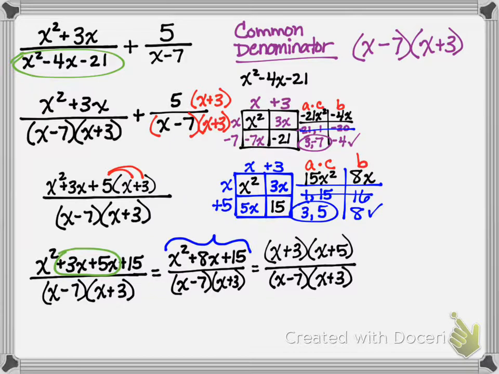And if you guys are paying attention here at this point, then you should see that I have an x plus 3 in my denominator, and I also have an x plus 3 in my numerator. And so this is going to reduce. The x plus 3 and x plus 3 are going to cancel out, and my final fully reduced answer is x plus 5 over x minus 7.